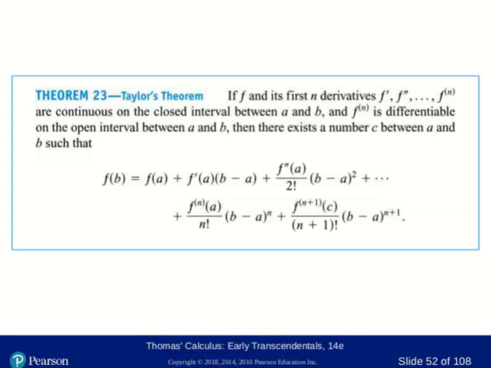Taylor's theorem is basically just a broad generalization of the mean value theorem, where what the mean value theorem says is the function has to take on the average rate of change somewhere as its point of tangency.